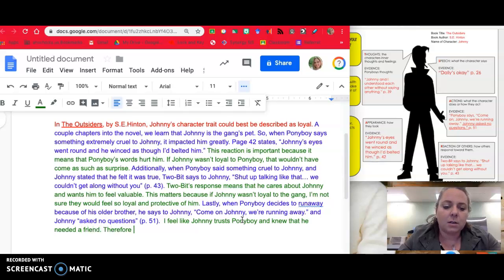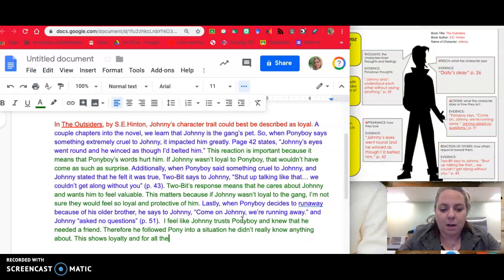Therefore, he followed Pony into a situation he didn't really know anything about. This shows loyalty, and for all these reasons, I consider Johnny to be extremely loyal.